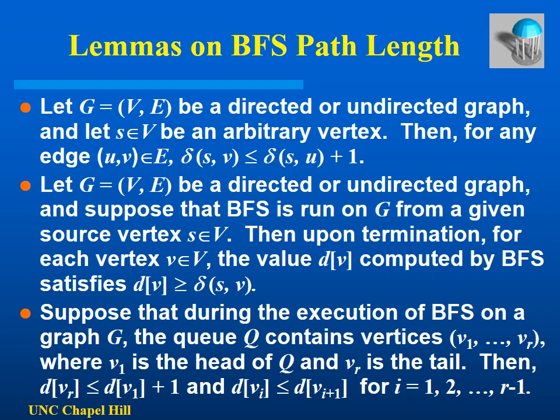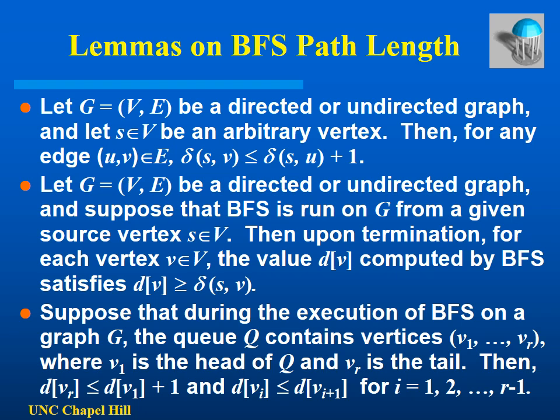Ultimately, we need to show that d of V is not only greater than or equal to, but also less than or equal to, that is to say equal to delta of S and V.